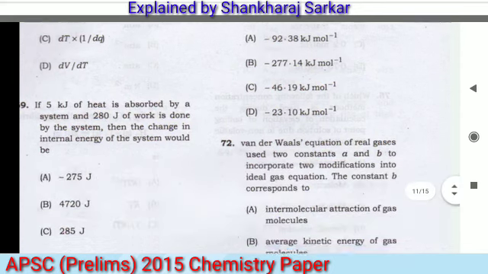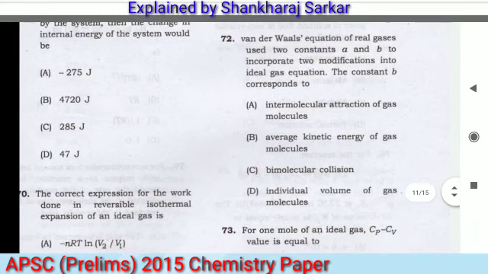Next question, van der Waals equation of real gases used two constants A and B to incorporate two modifications into ideal gas equation. The constant B corresponds to, now there are four options.